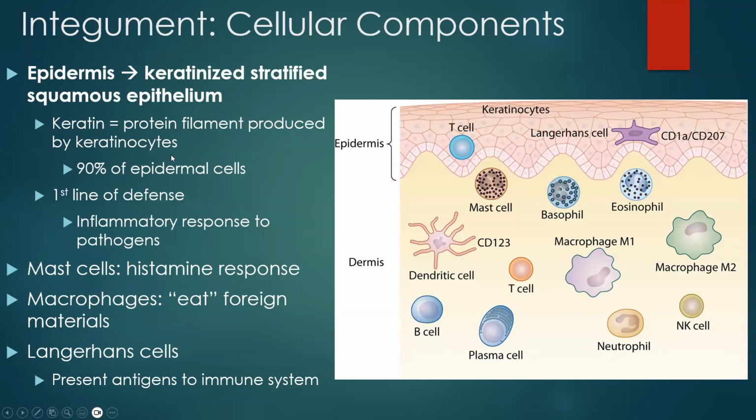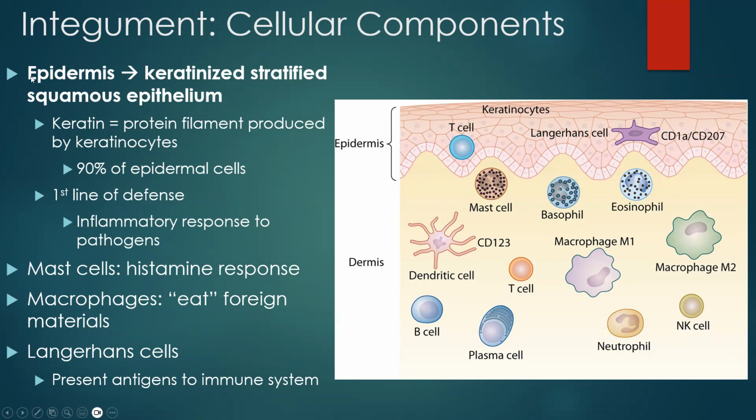There's a lot of cells that we're not going to talk about in depth right now. Things like specialized blood cells that are involved in an immune response. But the thing I want you guys to know for this lab is that our epidermis is made of something called keratinized stratified squamous epithelium. So these last three words we already should recognize.